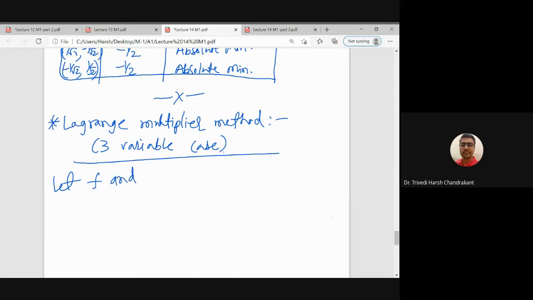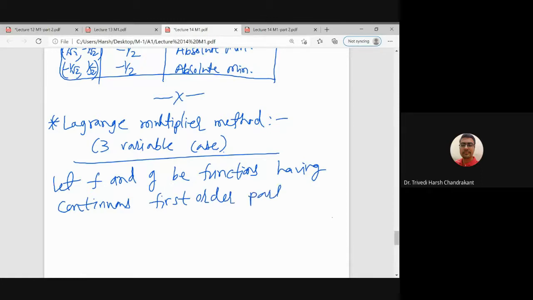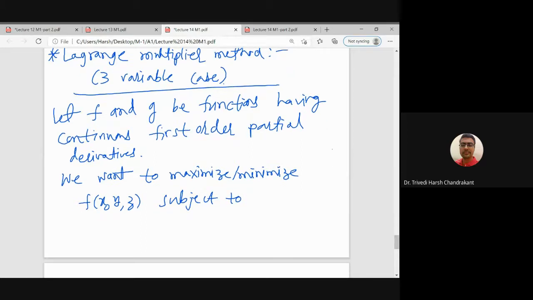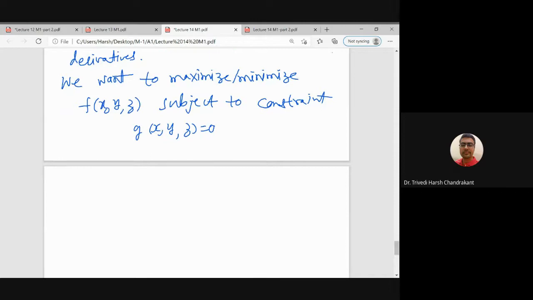So if we have two functions having continuous first order partial derivatives, we want to maximize or minimize f of xyz, the function f of xyz, subject to some constraint which is g of xyz equals 0.